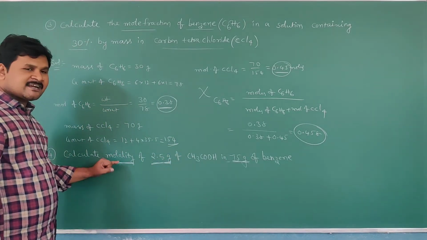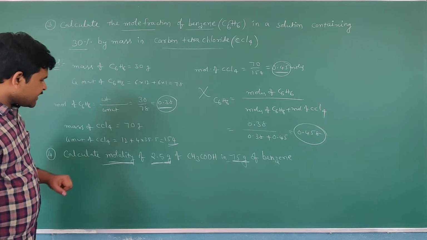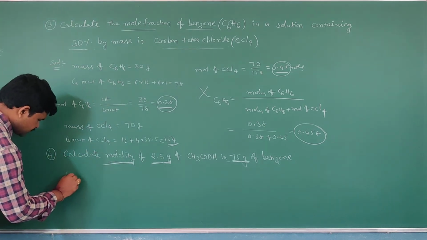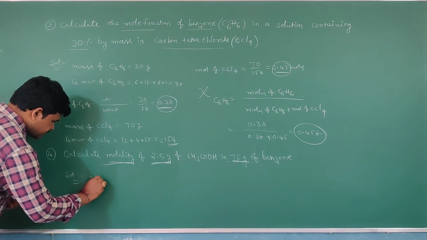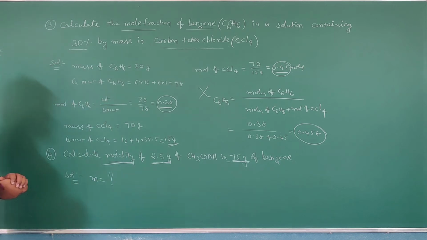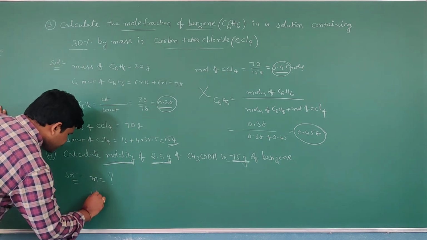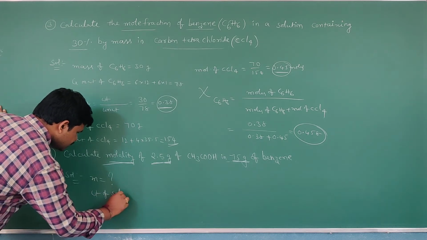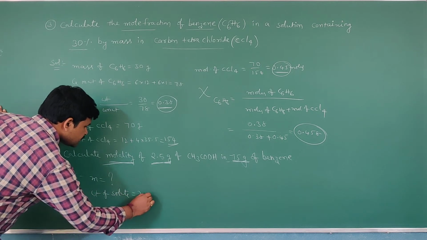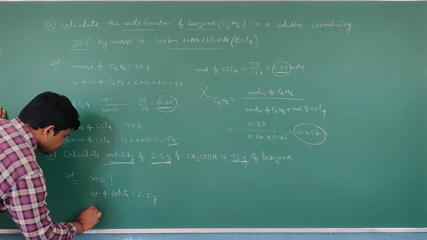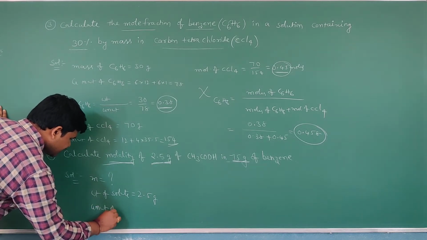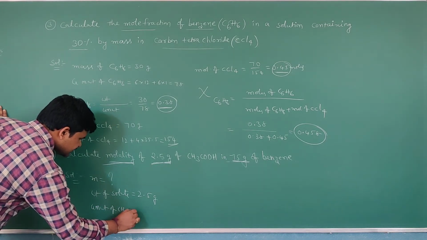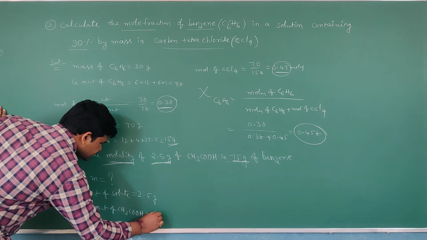So what we have to calculate? Children, we have to calculate molality. So small m is equal to question mark. Next, weight of solute is equal to 2.5 grams. Gram molecular weight of solute, that is CH3COOH, is equal to 60.